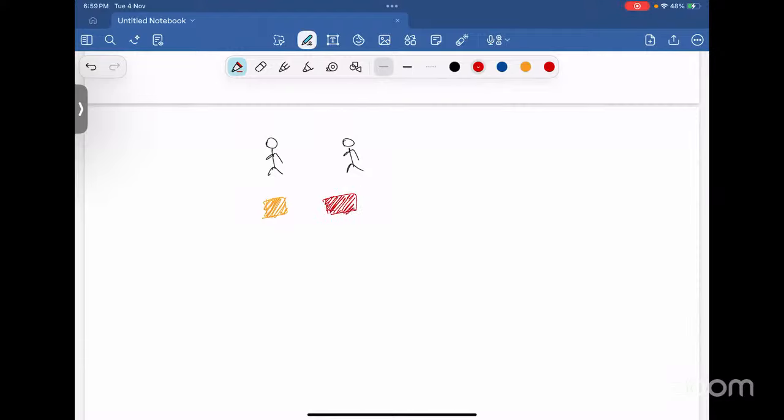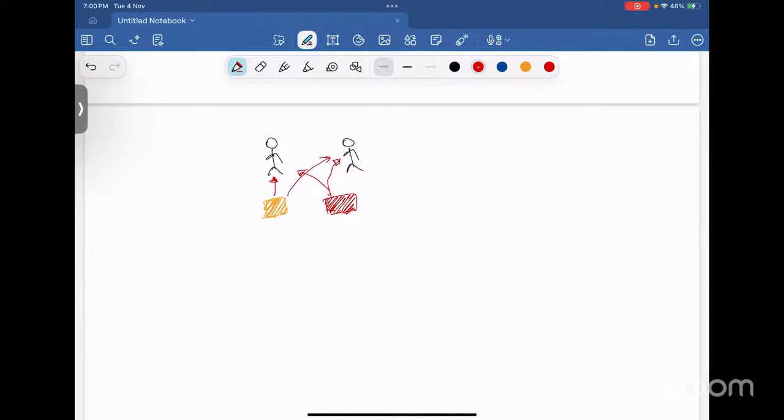Okay, and these two persons are different. So giving this red gift to this person is different from giving this red gift to this person. Similarly, giving this yellow gift to this person and this gift to that person is different.